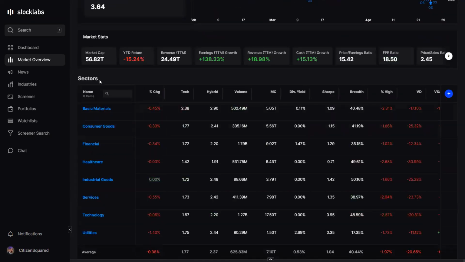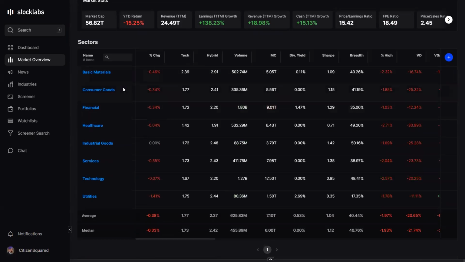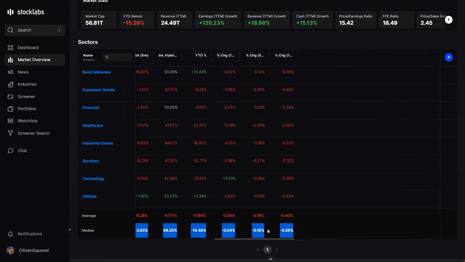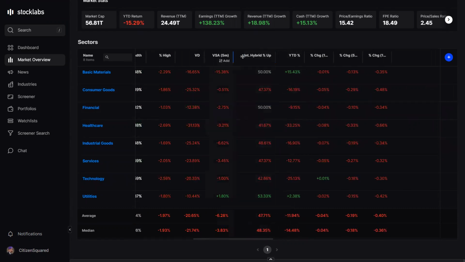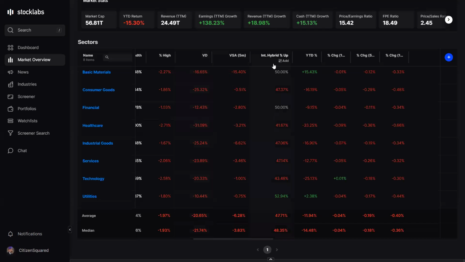Now, sectors across the middle. Aside from slicing the market up by market cap, sometimes people are more interested in particular industries. So we have all of that as well. We have these sectors: materials, consumer, financial, healthcare, industrial services, tech, and utilities. And this table data will show you some of the primary tools that Stocklabs has.